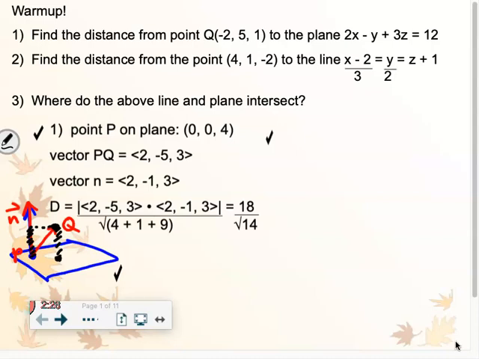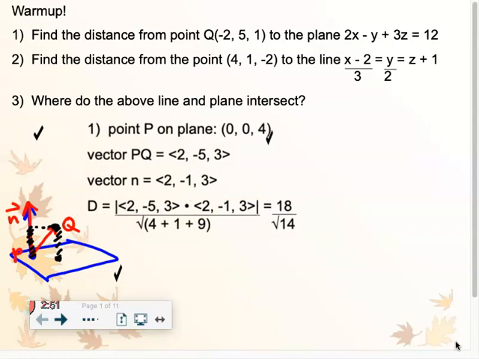Oh, okay, so no, I did it using projections. I just didn't call it a projection. The magnitude of a projection, remember, is just the dot product over the magnitude. Let me write this out.